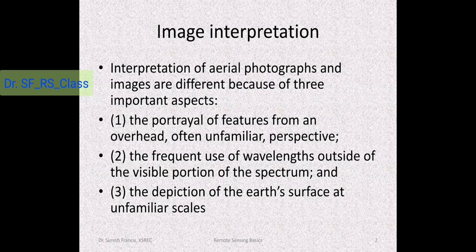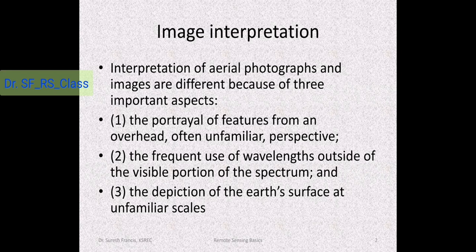And as it is from very high elevation, and as it depends on the capacity of the sensor, we will be looking at things at various different scales. So the scale of the mapping itself will have to be decided based on the resolution of the sensor and the height of the satellite.